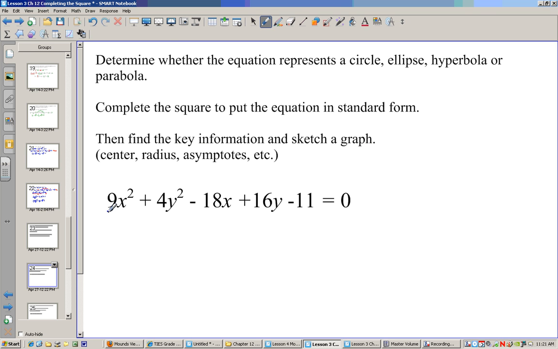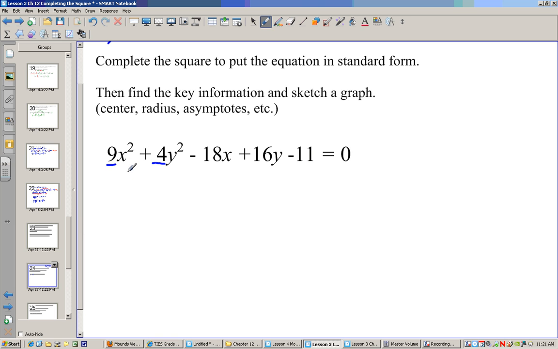Since this is positive, that's positive, we know that it's not a hyperbola. Both of them are squared, so it's not a parabola. And they're different coefficients, so it can't be a circle. And we know it has to be an ellipse. So now we have to complete the square to find out how to graph this.